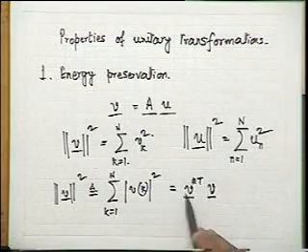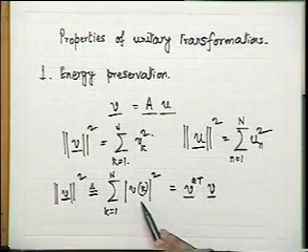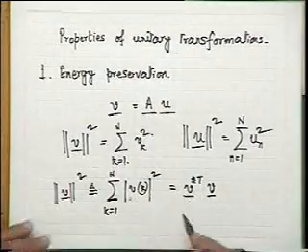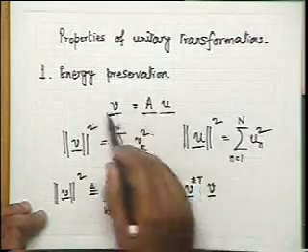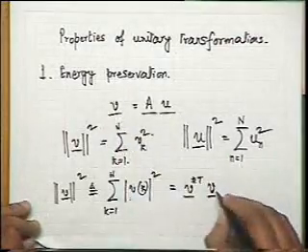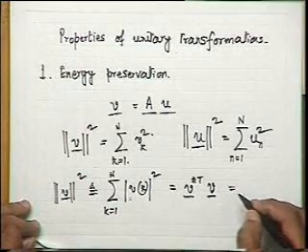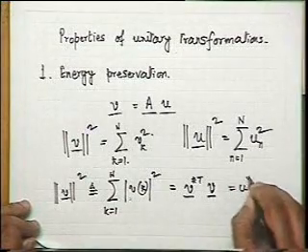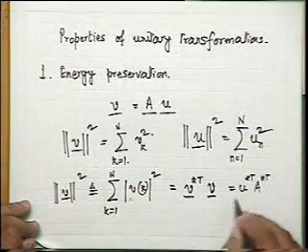So this total V star transpose V would give me this particular expression, and because I have this transformation relation already defined, I can write V star transpose as U star transpose A star transpose.